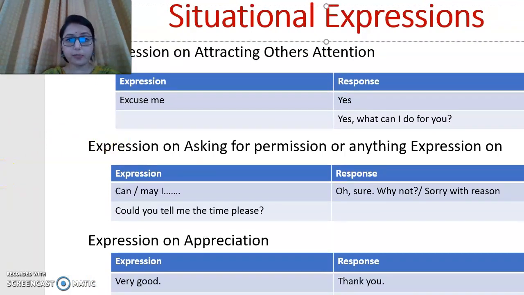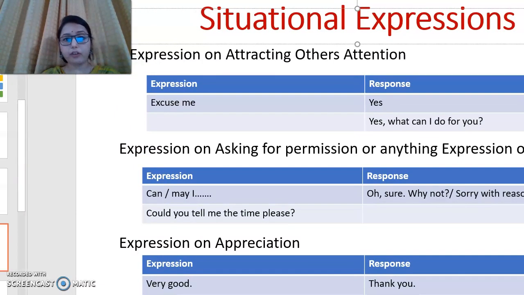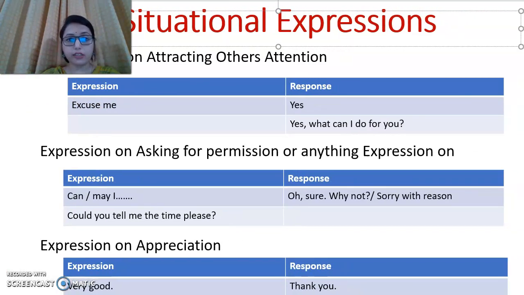Expression on attracting others' attention. See here, excuse me. If it is an unknown someone, you will have to start with excuse me. What will the response be? Yes, what can I do for you? This way the expression develops. Well, this is about attracting anyone's attention.